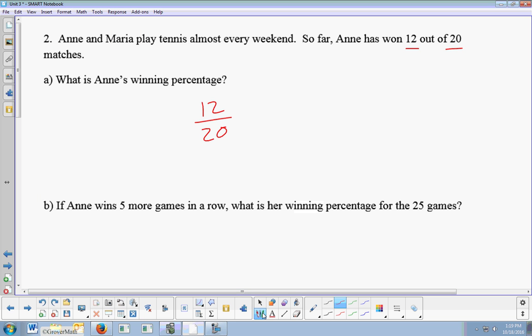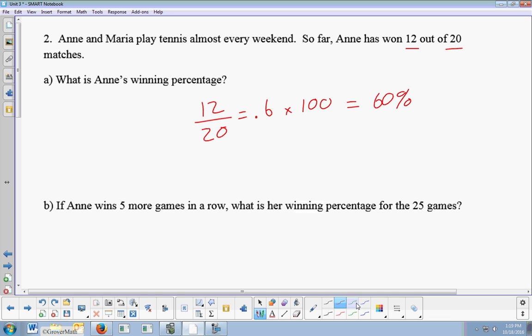So this comes out to equal 0.6. And the way we turn that into a percentage is multiply it by 100, and it becomes 60%. So Anne's winning percentage is 60%. That's what 12 out of 20 is.